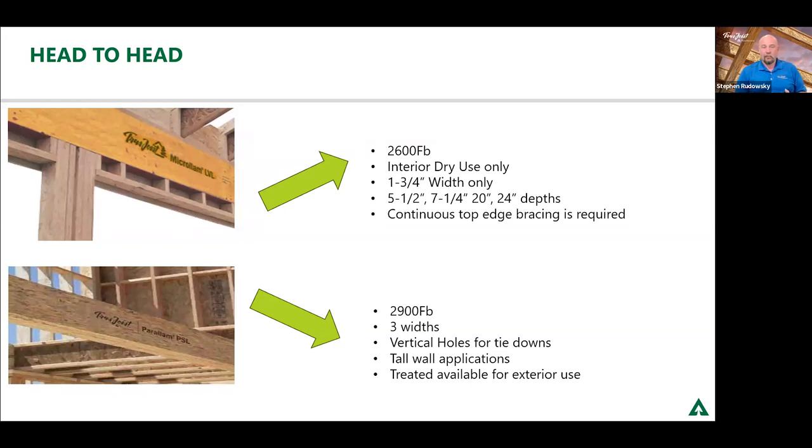We do make them in widths of 5.5, 7.25, and then we can jump to that 20 and 24, which are a little bit different than what we make Parallam in. And one of the things is you're going to need continuous top edge bracing, and we saw that a little bit earlier in one of the calculations that we did.